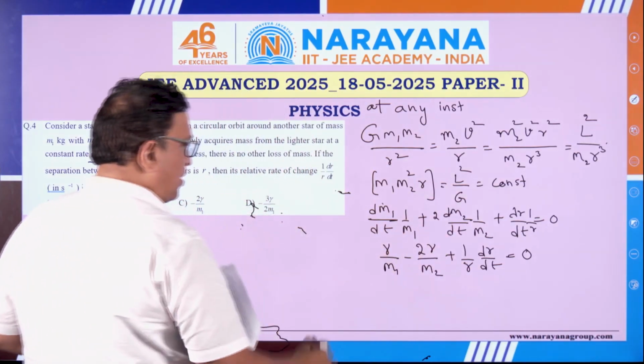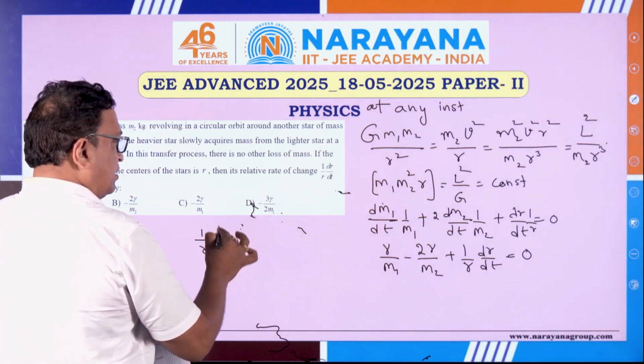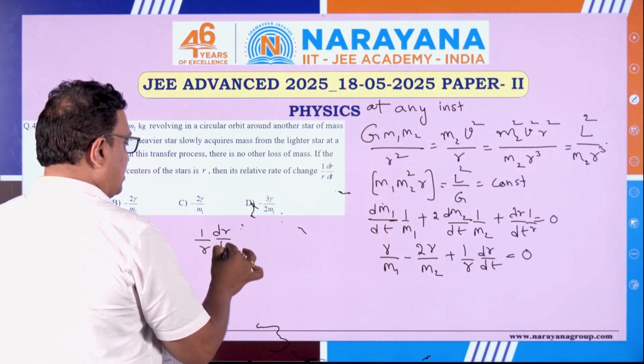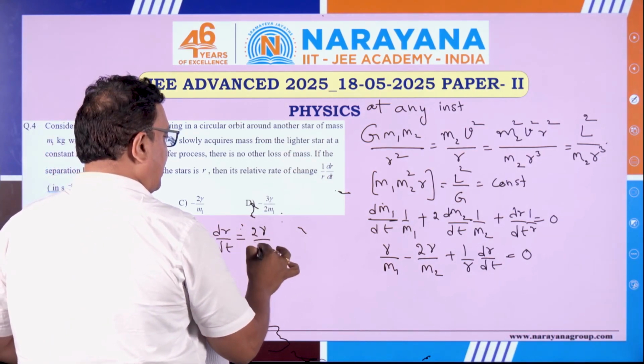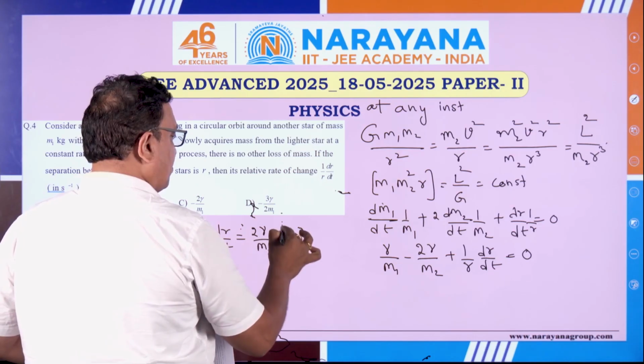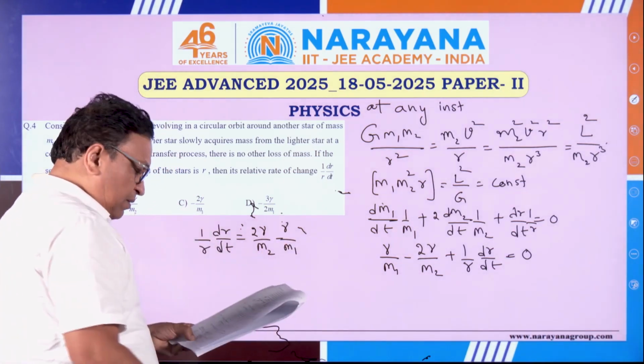Restructuring this properly, 1 by r dr by dt is 2 gamma by m2 minus gamma by m1.